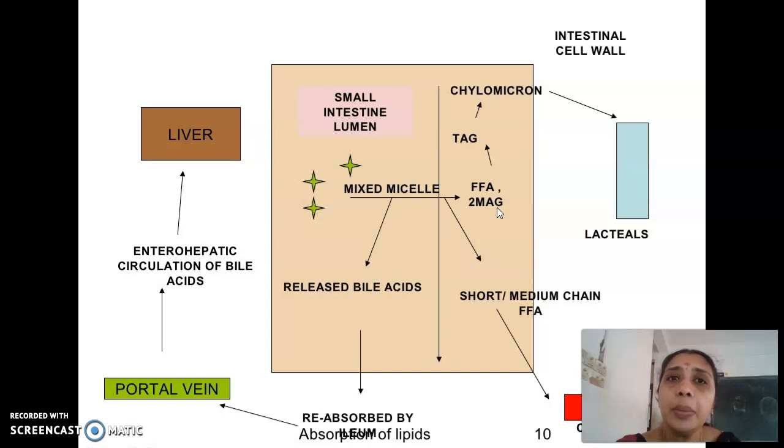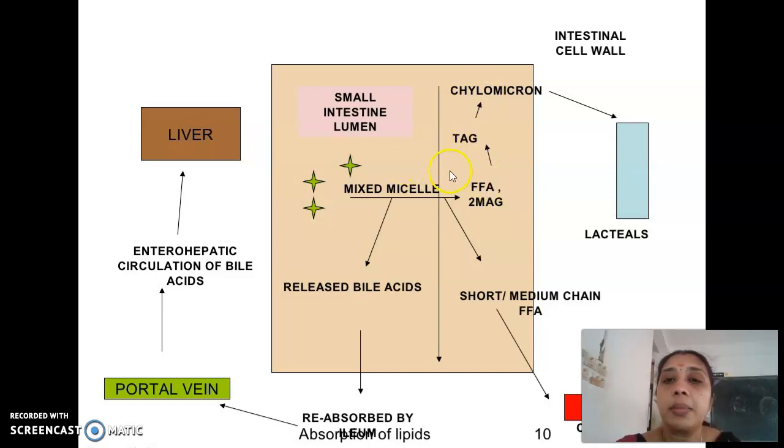Clear? Within the enterocytes there are enzymes responsible for carrying out the synthesis of triacylglycerol. So reformation of TG happens and it enters into the chylomicrons.